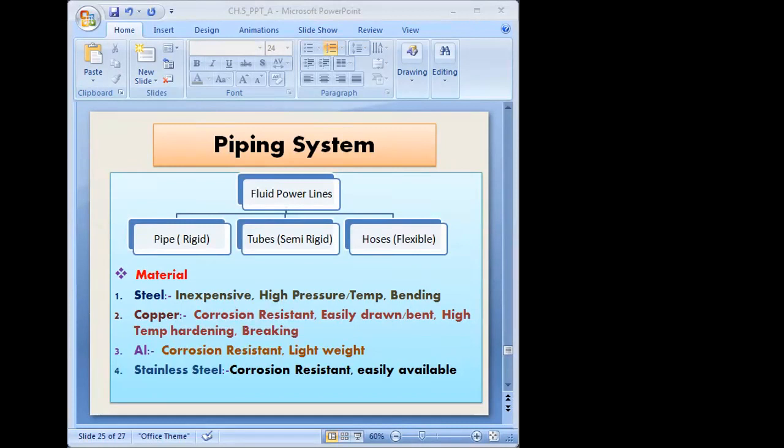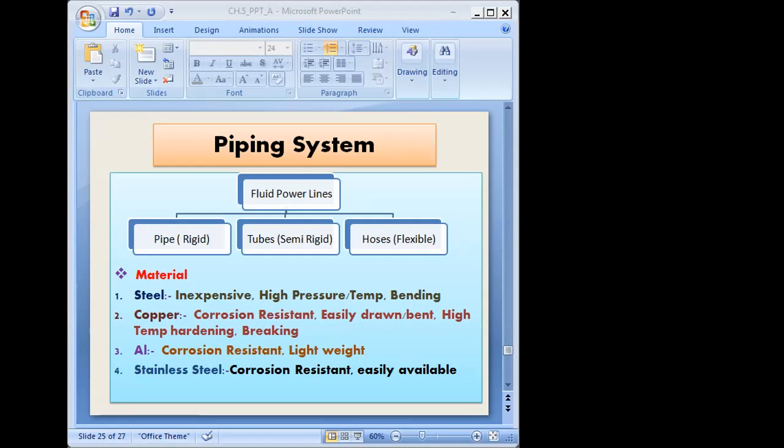In this topic, we are going to discuss the various types of pipelines or fluid lines, and then fittings, which type of fittings we can use. Now basically there are three types of fluid lines normally used. Which are they? Here I have mentioned fluid power lines. One is the rigid fluid line, called pipe.